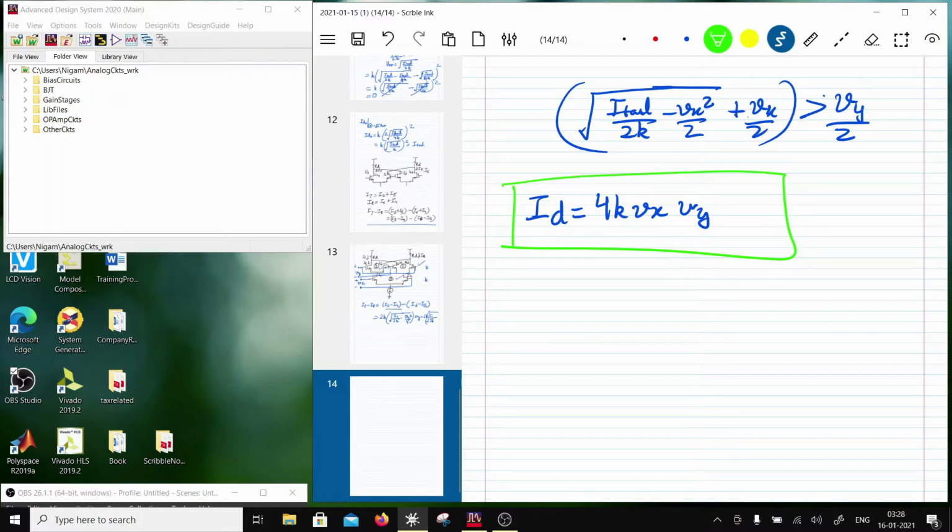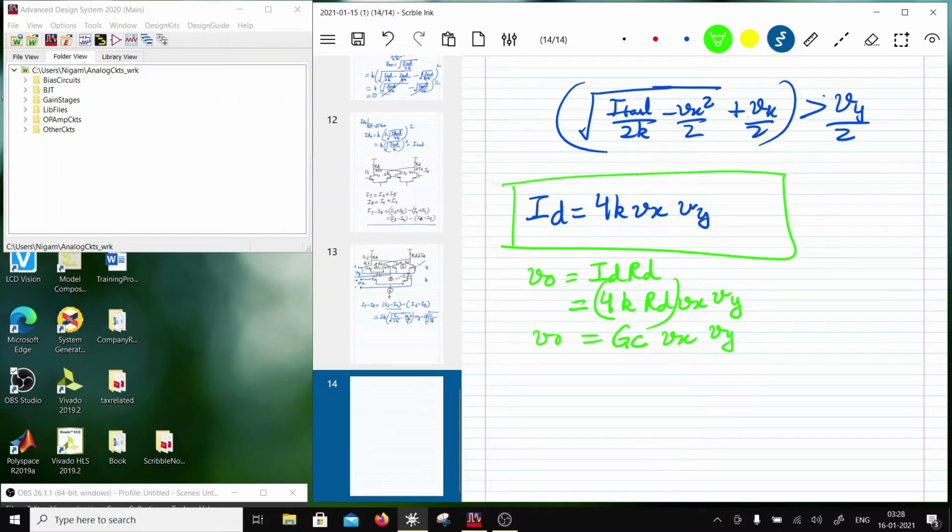Okay, and then the output voltage VO will be equal to ID times of RD, which will be equal to 4K times of RD times of Vx times of Vy. Now notice this one is the conversion gain, GC, Vx Vy.